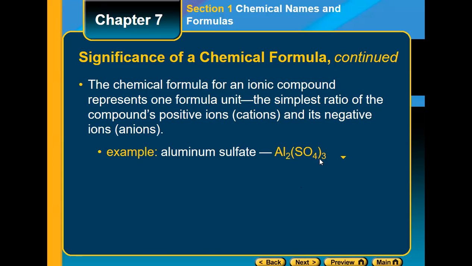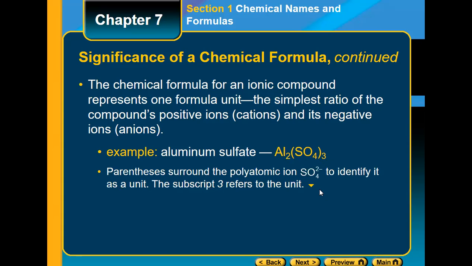That means the 3 belongs to the whole polyatomic ion, and that's why we put it inside brackets. Sulfur doesn't have a subscript, which means we have one sulfur atom in each polyatomic ion, while there are four oxygen atoms in each polyatomic ion. But as we have three sulfate ions, we have three sulfurs and 12 oxygens. That means the 3 is distributed to both sulfur and oxygen.